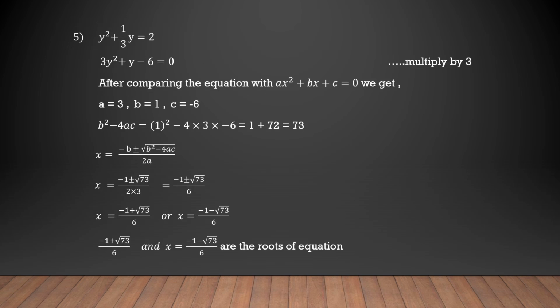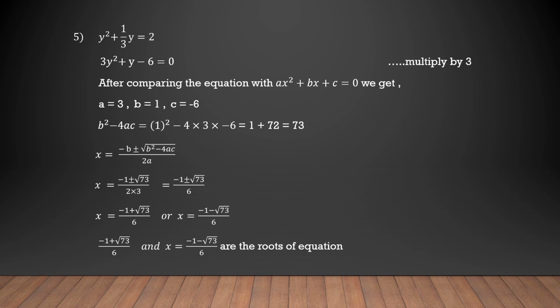So the equation is y² + (1/3)y = 2, here the coefficient of y is a fraction, that is 1 by 3. So to make the equation in the form of ax² + bx + c = 0, we multiply the equation by 3.